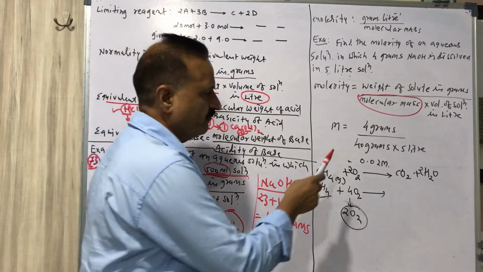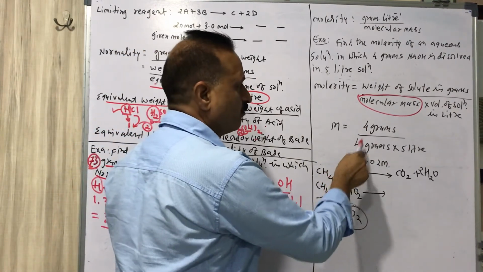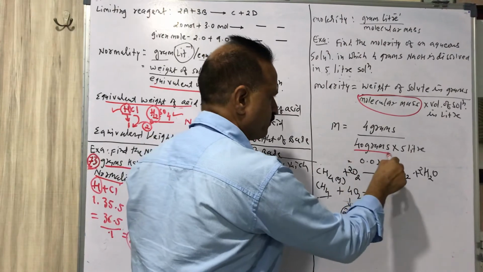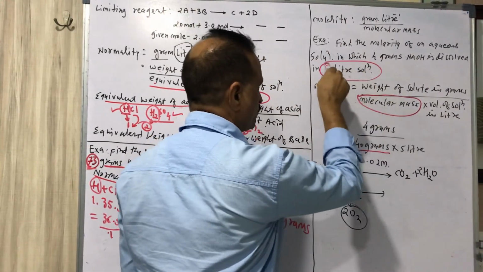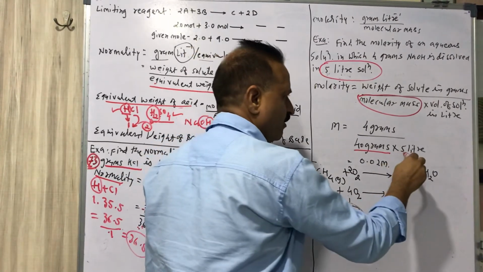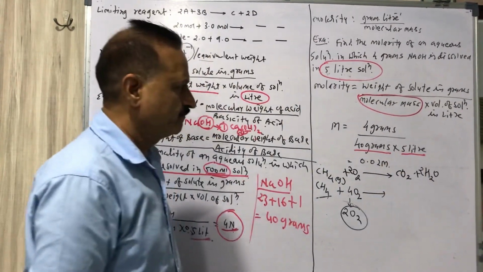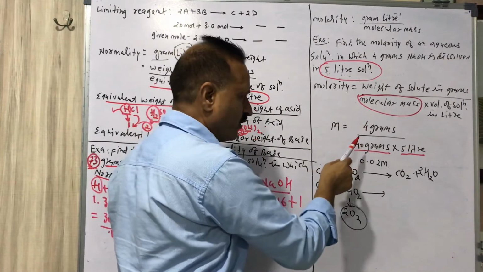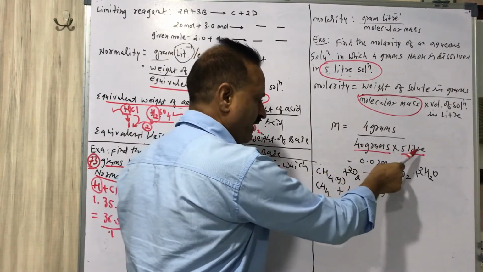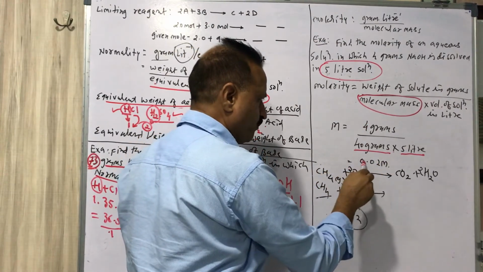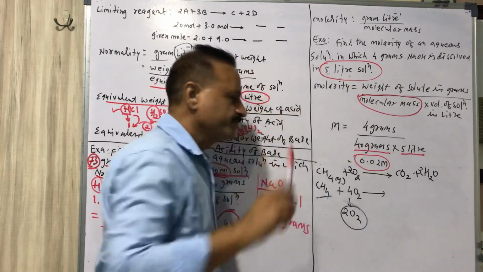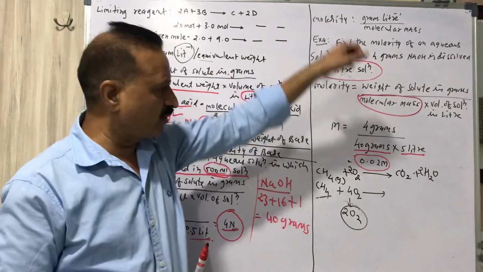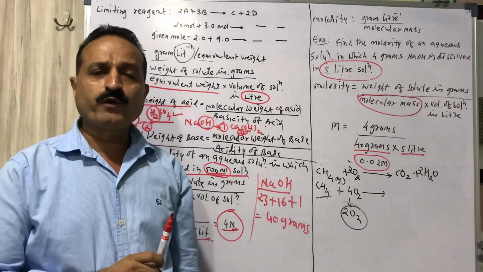The solution is given in liters, so we take 5 liters as it is. So 4 grams upon 40 grams into 5 liters, the answer will be 0.02 M. The molarity of this solution is 0.02.